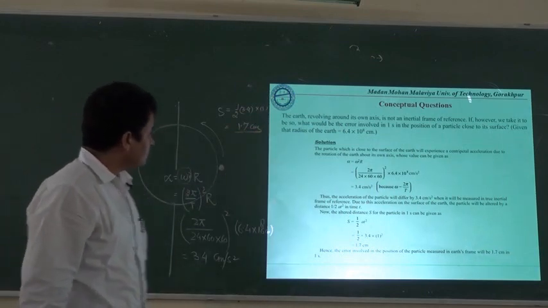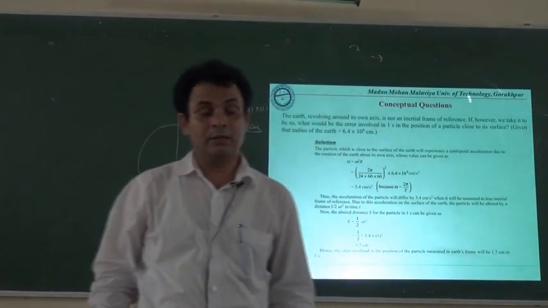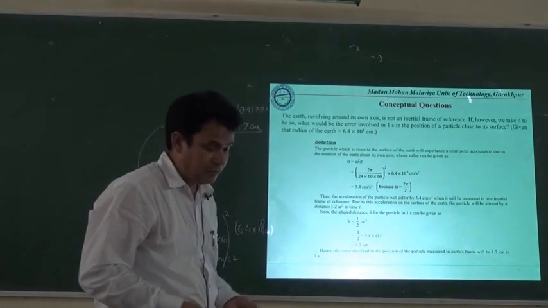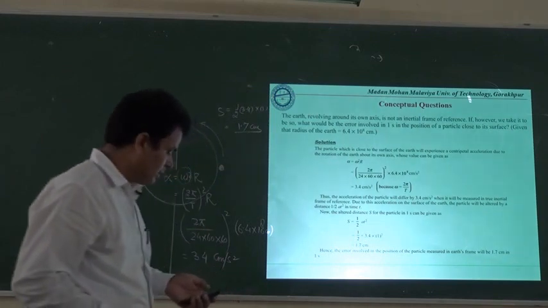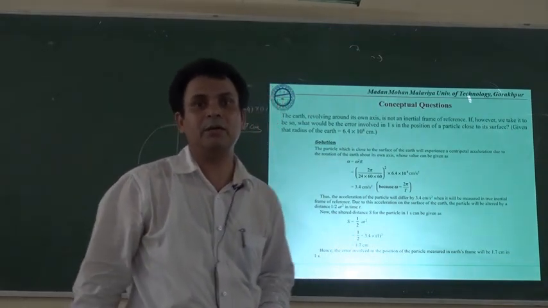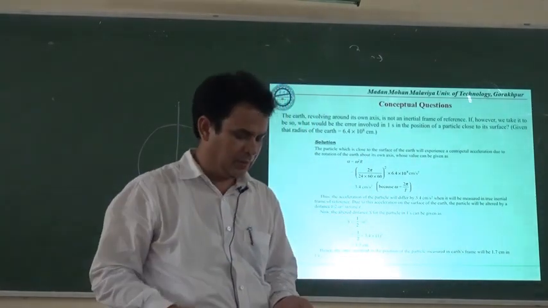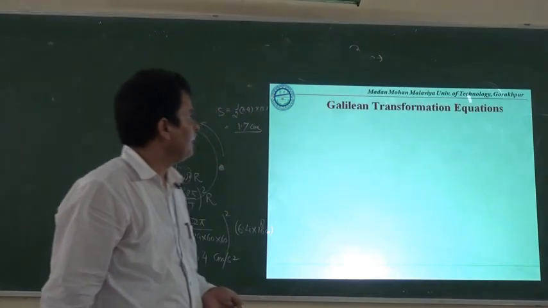Means that what? If we are considering it as the inertial frame of reference, then 1.7 centimeter displacement will be there in the measurement of the position of that particle in 1 second.